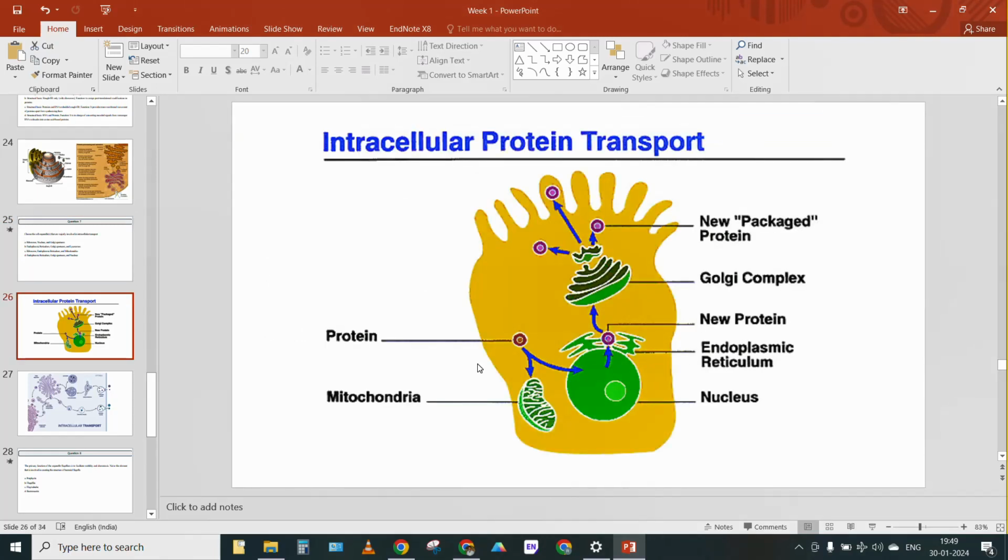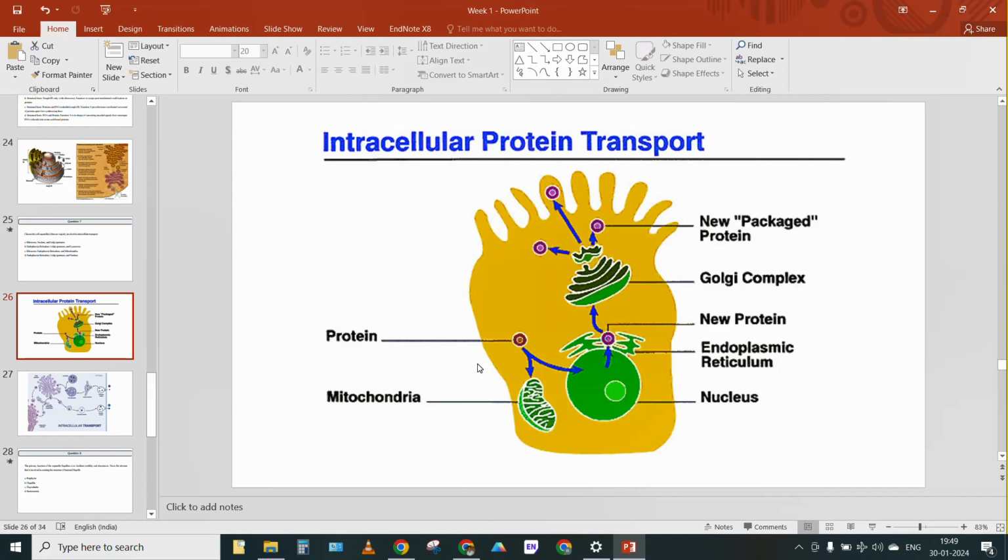Now we'll look into what intracellular protein transport is. Intracellular transport is a fundamental cellular process responsible for the movement of various molecules, organelles, and vesicles within the confines of a cell. This intricate system ensures the proper distribution of essential components to different cellular compartments, which enables cellular functions and maintains homeostasis.